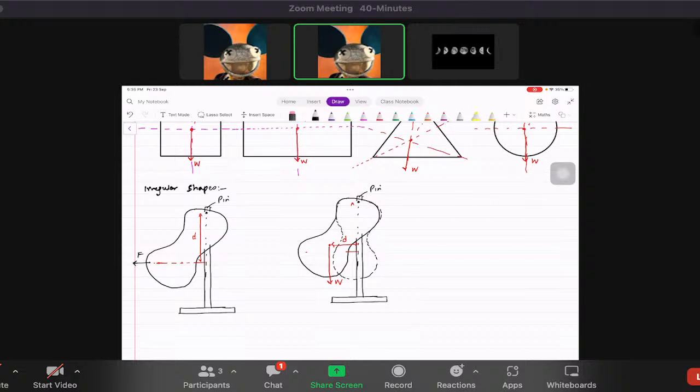So it moves in this direction, anti-clockwise, and it only stops when the weight or the center of gravity is aligned with the pivot. Is it clear? Yes. Okay.